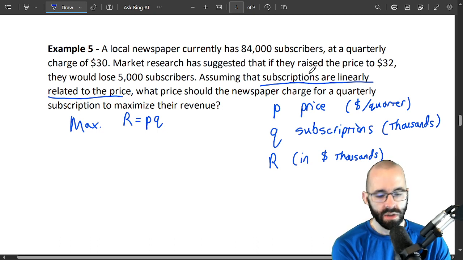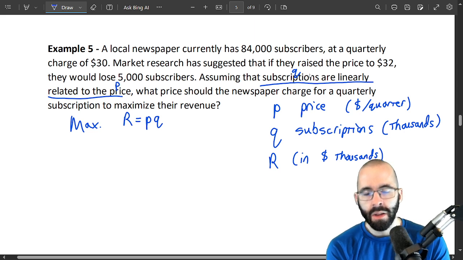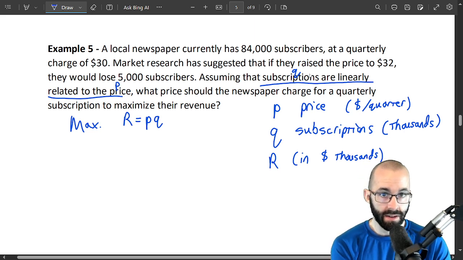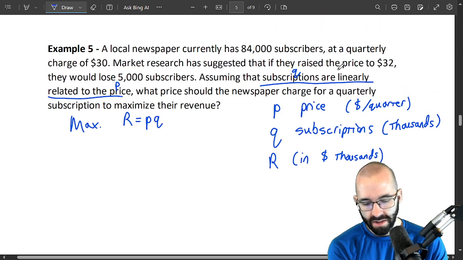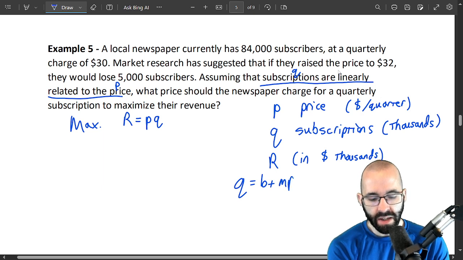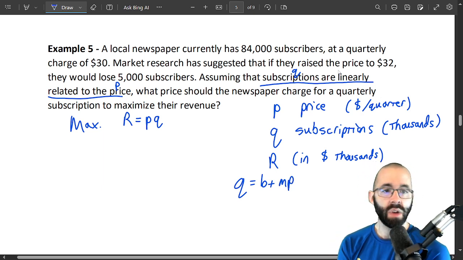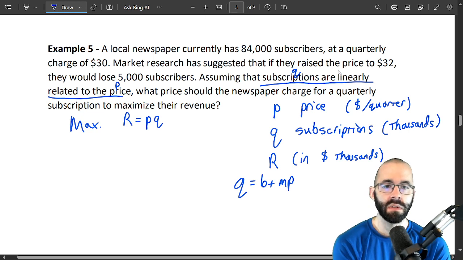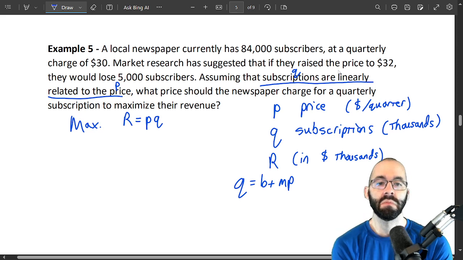Subscriptions Q are linearly related to the price P. We're going to have a line here. Q equals B plus M times P. We have a line. Doesn't matter which place Q goes and which place P goes. Okay, your choice. P could be B plus MQ.